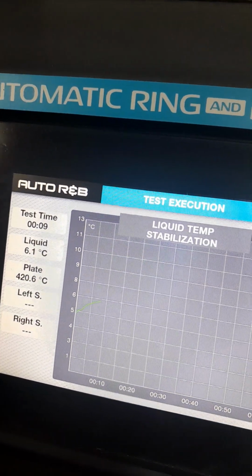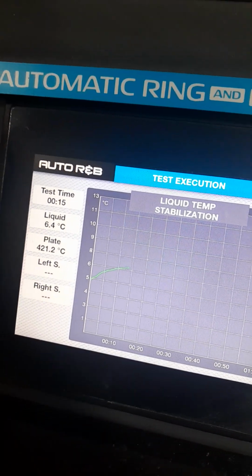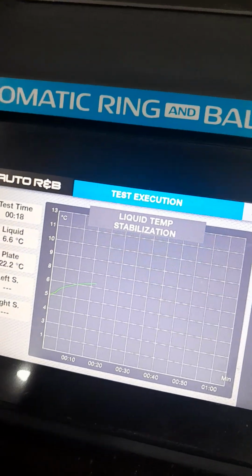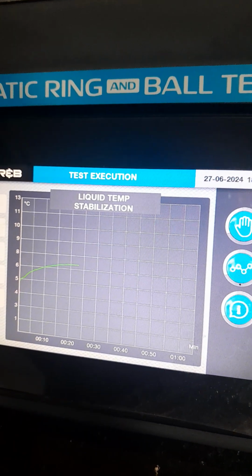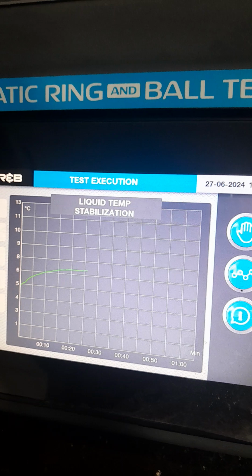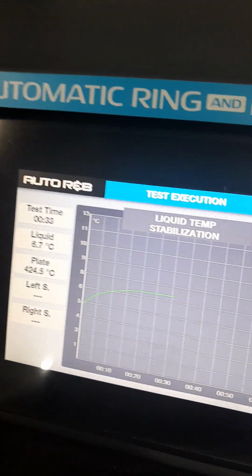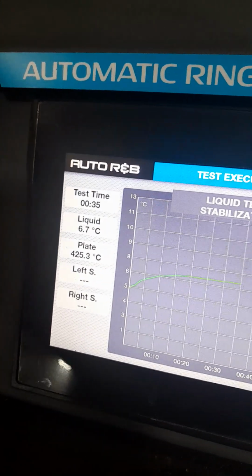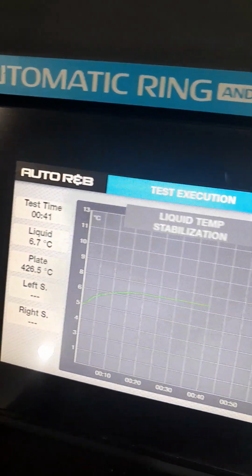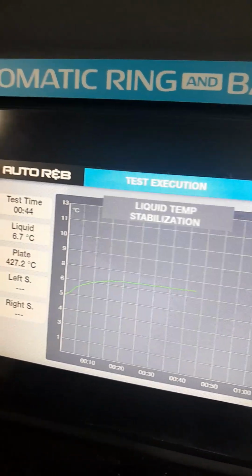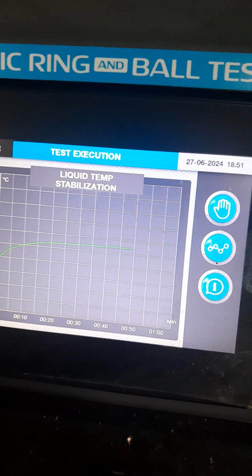So we stabilize the temperature back to 5 degrees by simply adding the ice to the water to lower the temperature.